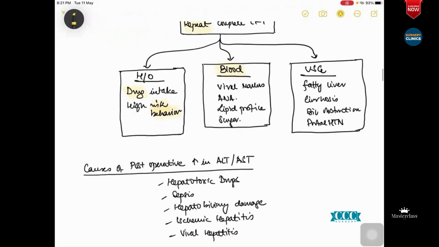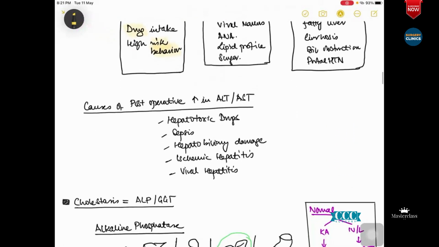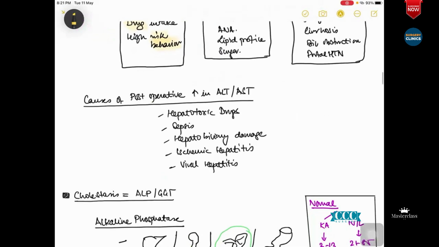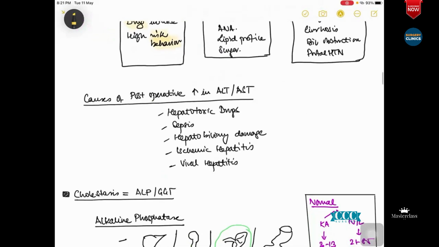Now, often post-operatively, you will have a patient with raised ALT or AST in your reports. You might be wondering what has happened. So always check whether you're giving the patient some sort of hepatotoxic drugs, or whether the patient is in sepsis, which is causing hepatic failure. You can have damage to the hepatobiliary cells. It can be due to ischemic hepatitis. Also, you've given the patient a pack of blood, and you never know.